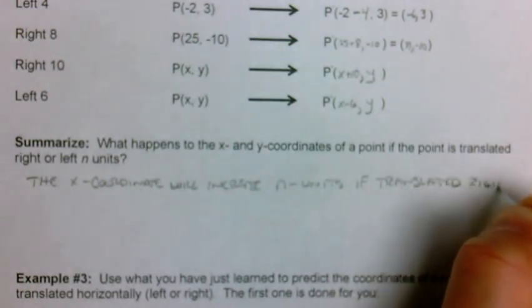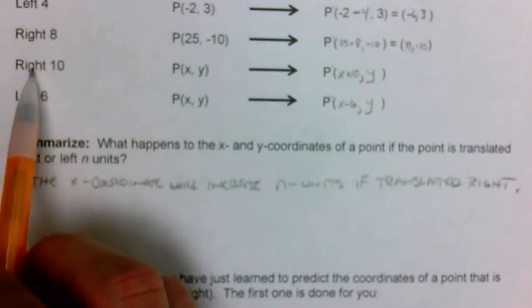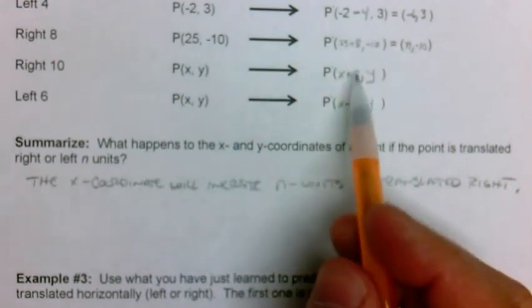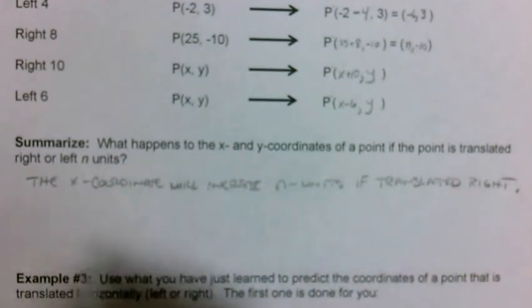We saw up above that when we were moving an image to the right, we took the previous x-coordinate and simply added to it. So add 7, add 8, add 10. The x-coordinate will increase n units if translated right.